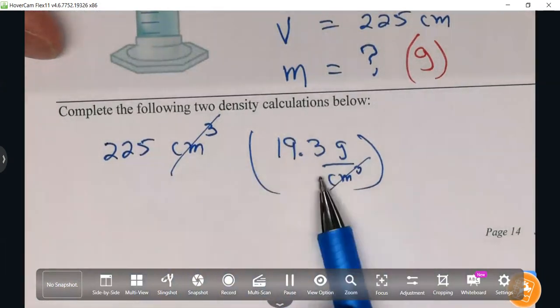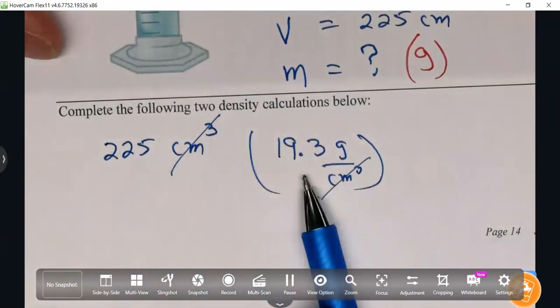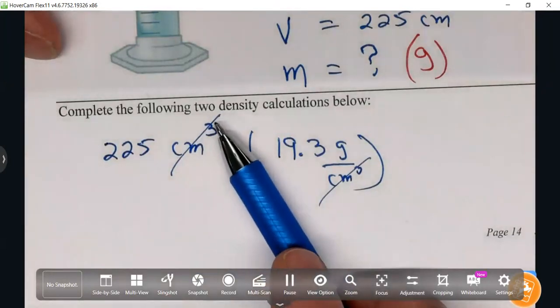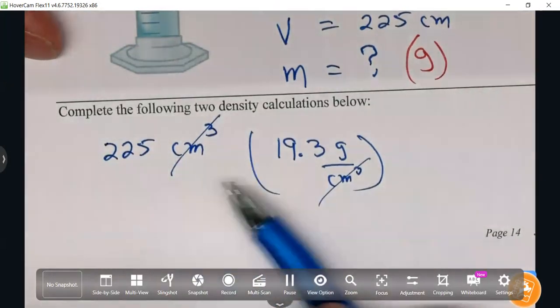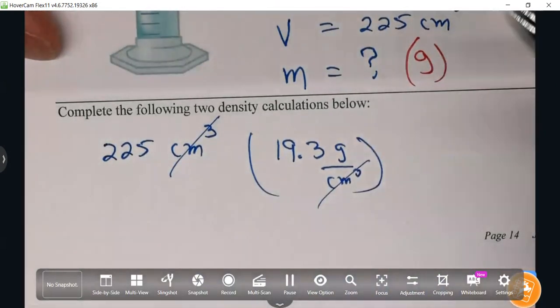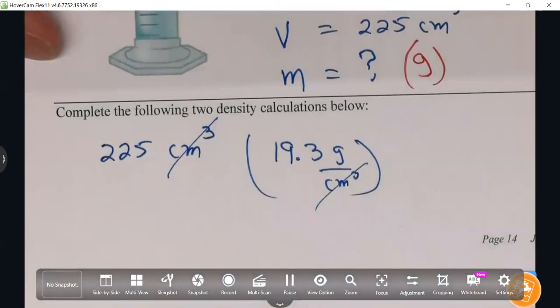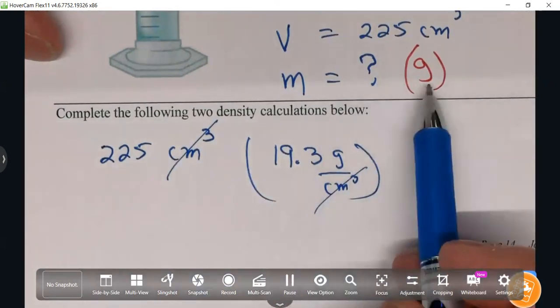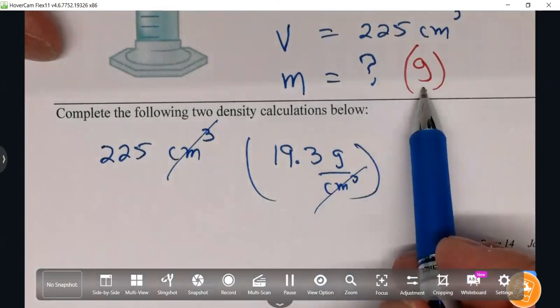I'm just going to multiply those two numbers. Why do I multiply those two numbers? Because when I multiply those two numbers, I'm showing that the units cancel out and I end up with the exact unit that I'm looking for without memorizing any equations. So mathematically, I know I'm just going to multiply those two numbers. And I'm going to get grams, which is a mass, right?